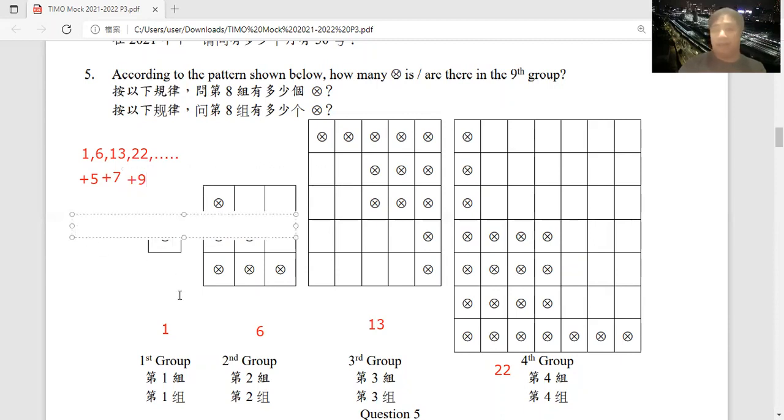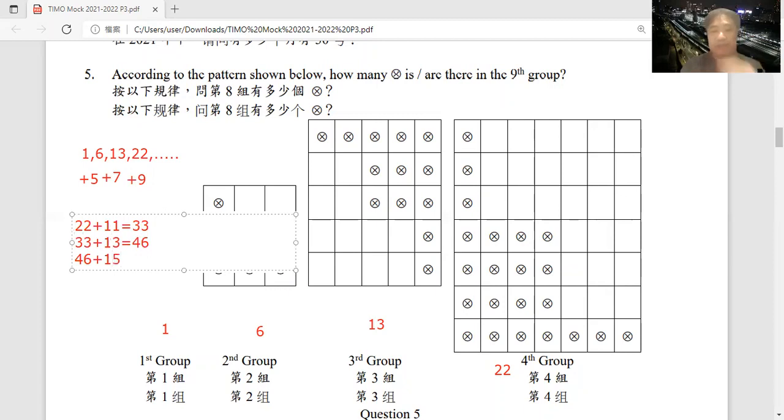So the fifth one will be 22 + 11, which is 33. The sixth one is 33 + 13, which is 46, and 46 + 15 is 61, and 61 + 17 is 78. Then 78 + 19 is 97. So you got the answer 97.